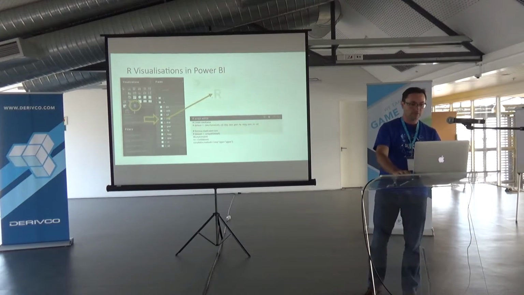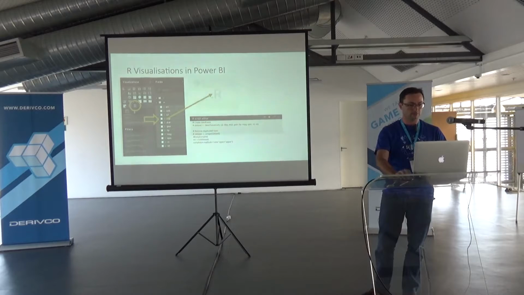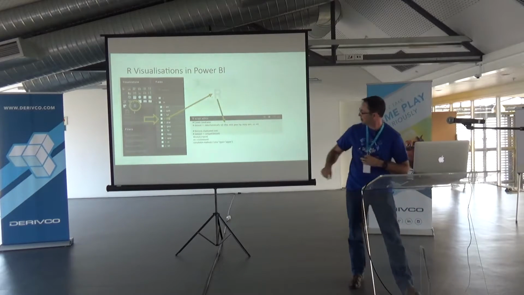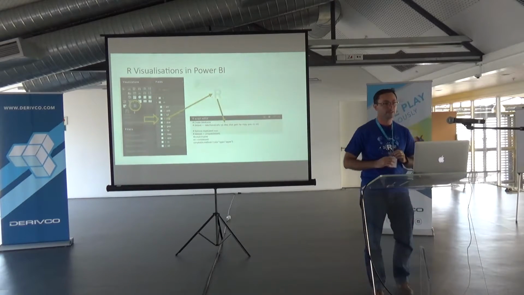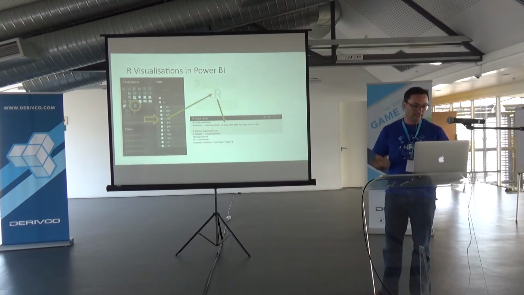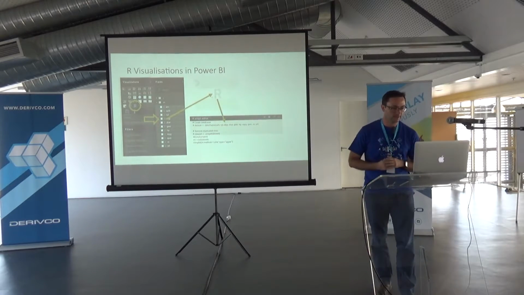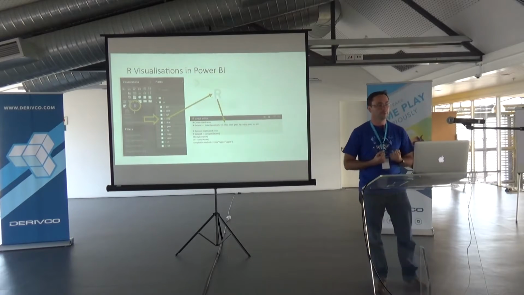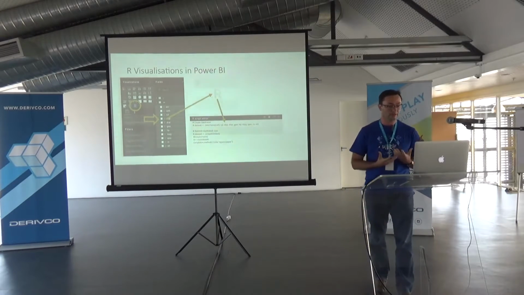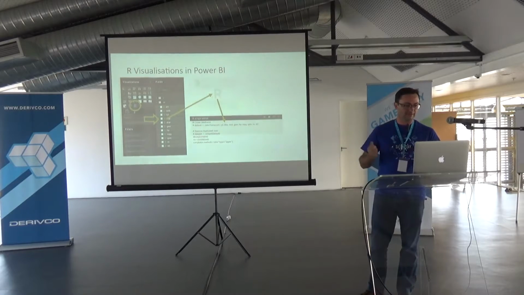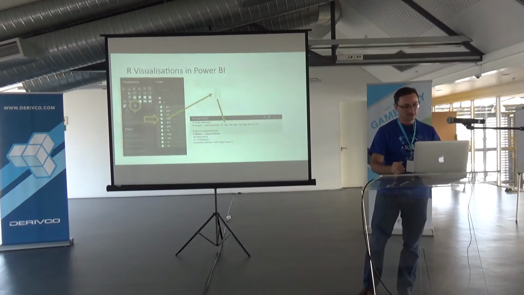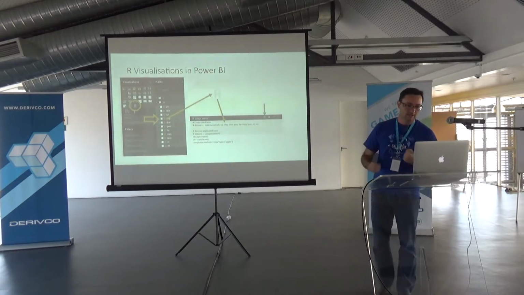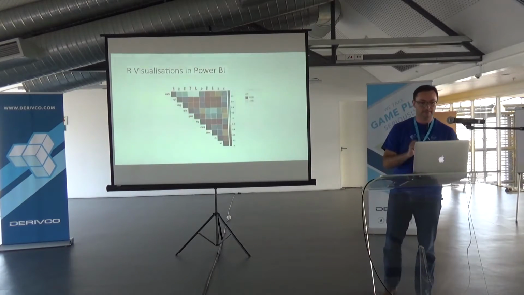When you add these fields to the visual, it builds its own internal data set, very imaginatively named dataset, with all the fields that you've had. We then look at the script component. At this point, you can pretty much do anything that you have done. Here I've brought in the corrplot library, I've transformed the data set, and then I've just rendered an image, and it's going to look something like that.